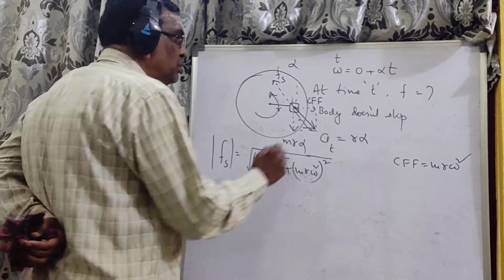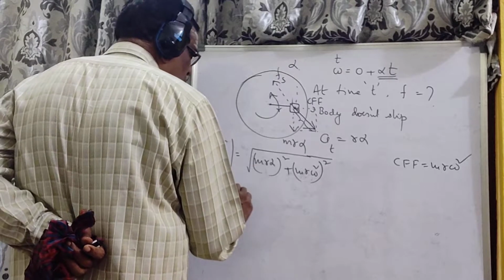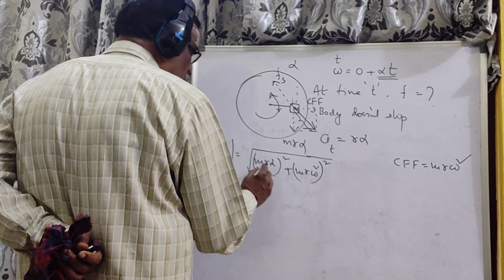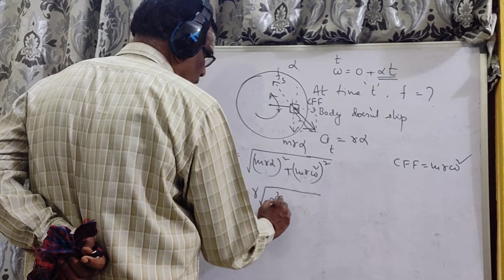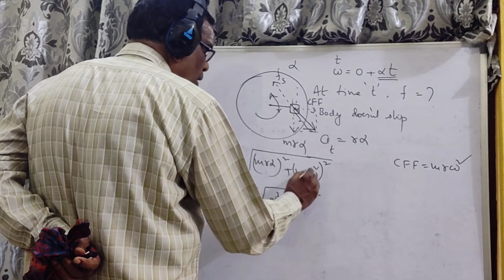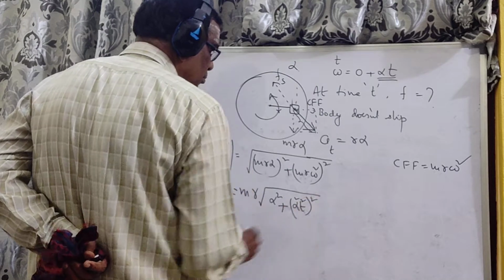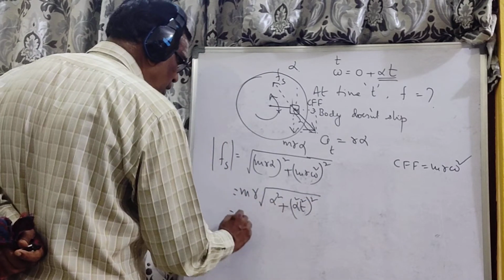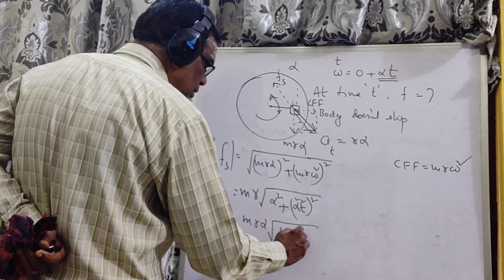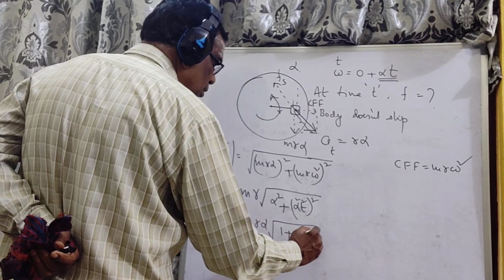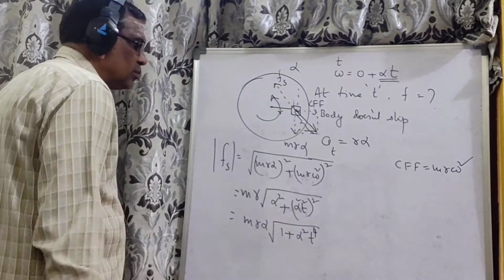Now you said in time t omega is alpha t. m will come out, r will come out, alpha square also will come out, giving 1 plus alpha square t raised to 4.